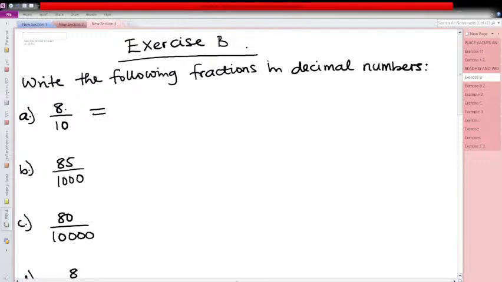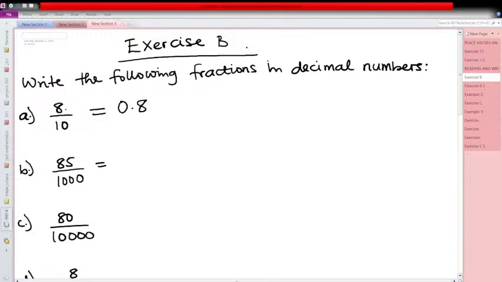That shows I have divided it by 10, and that is going to give me 0.8. Or you can say, since I'm dividing by 10, take the 8 to be in the tenth place value of a decimal number. And the tenth place is the first place after the decimal point, which is this.